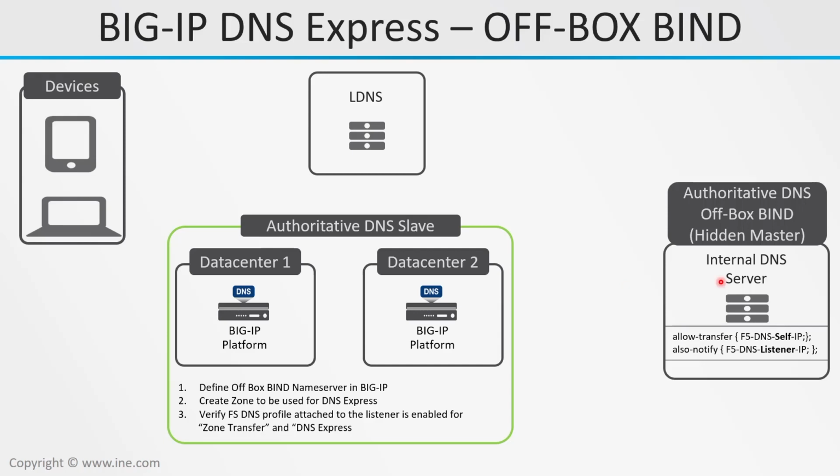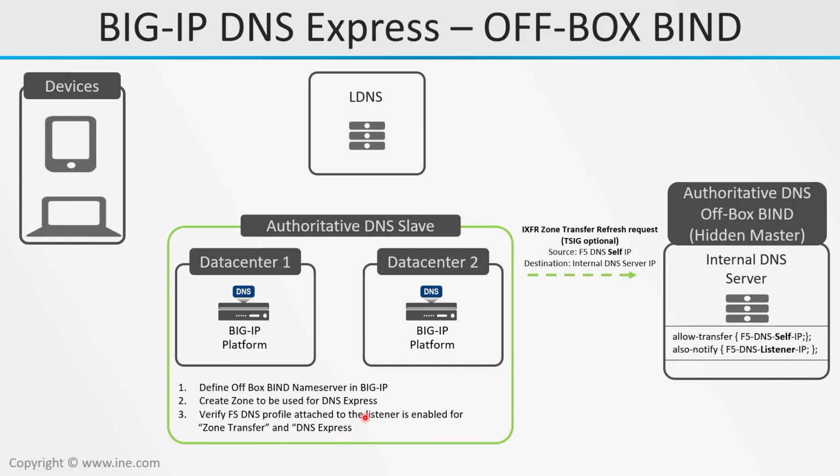So the requests are then taken from that zone and put automatically inside the DNS Express database. After that, we'll want to verify that the DNS profile attached to the TCP listener is enabled for a zone transfer, and then the UDP listener also accepts DNS Express.